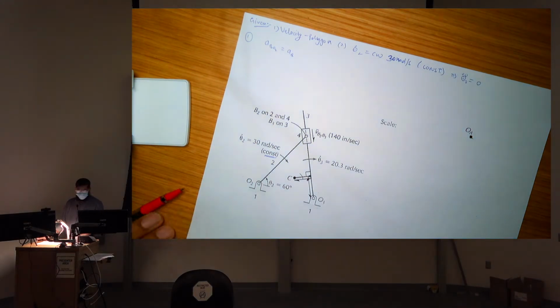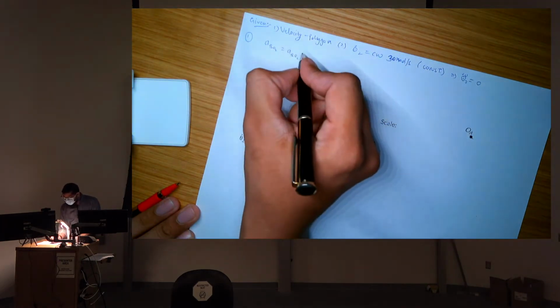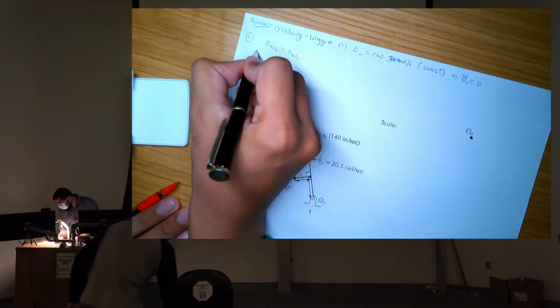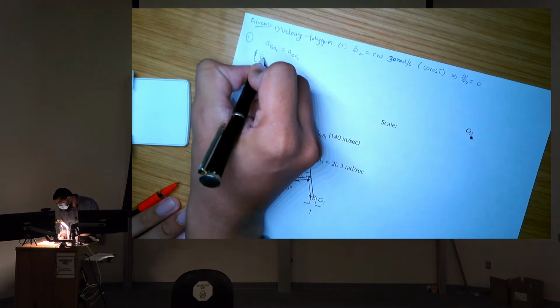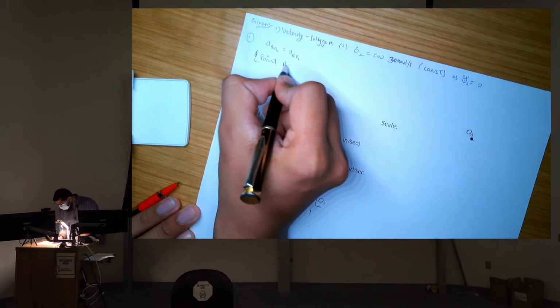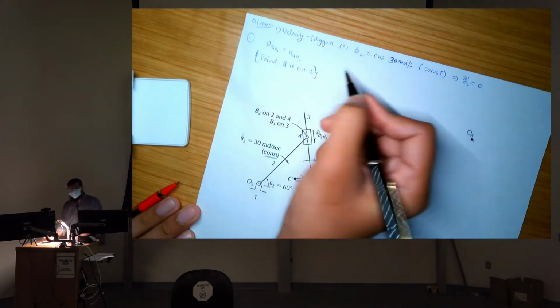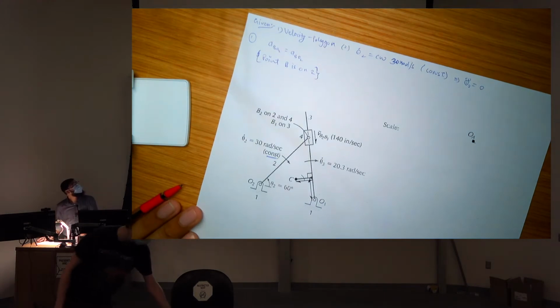So we're going to find acceleration of ABO2. For this, it means your point B is on 2. So this is what we are finding.